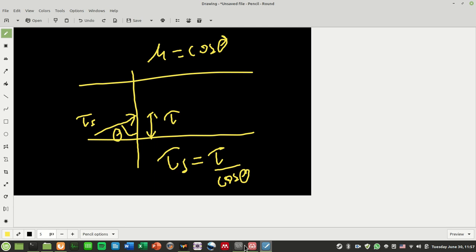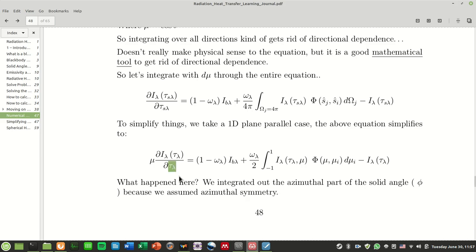When we change the variables from tau s lambda to tau lambda, where tau is this vertical distance, we bring this little mu out here. Everything else remains more or less the same. For the scattering term, we integrated out the azimuthal part, and for this part we changed the variables.